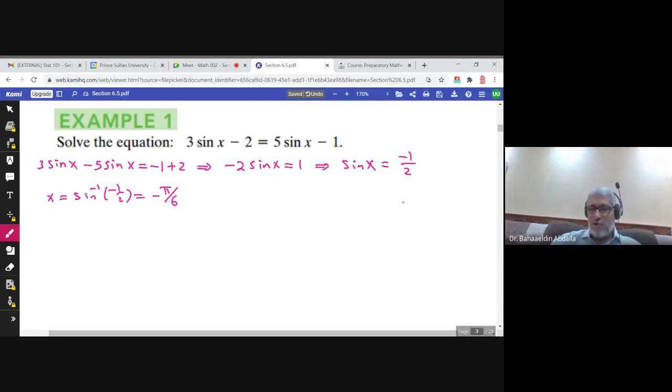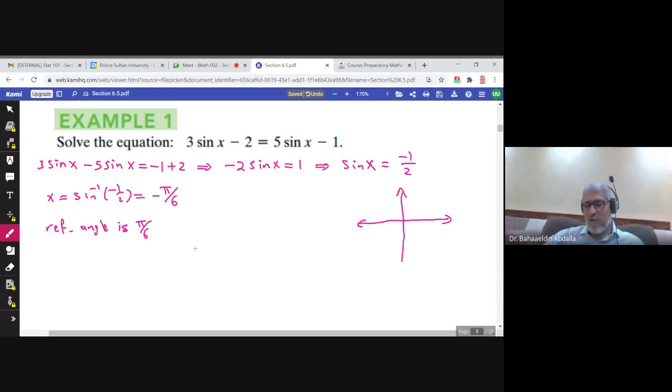And to find all solutions, we do the following. From this solution, I understand that the reference angle is pi over 6. Remember, the reference angle is always positive, acute. So the reference angle is pi over 6. Now, I have pi over 6 here, and this is 6 pi over 6.